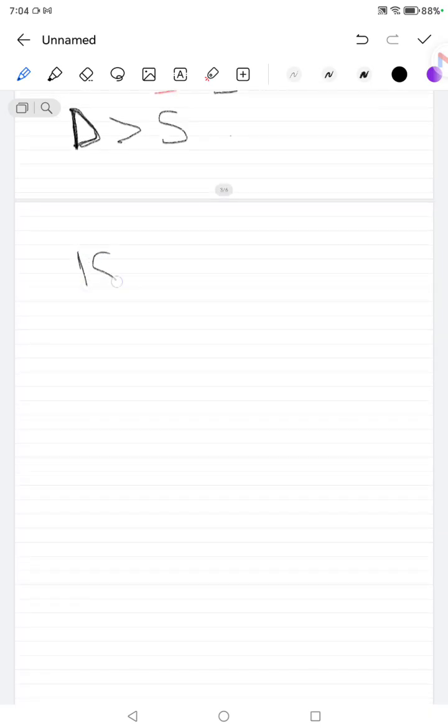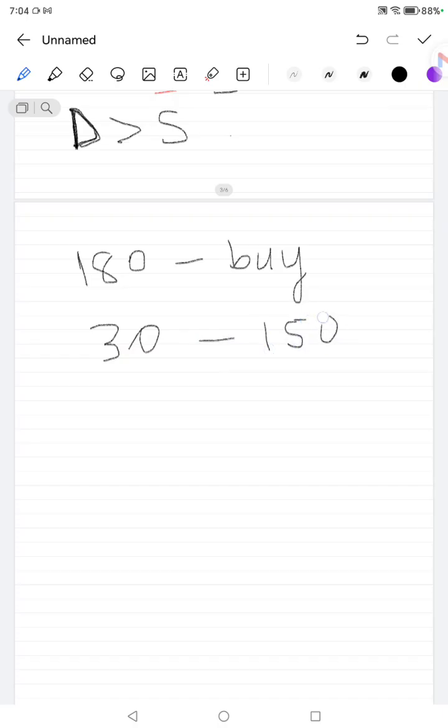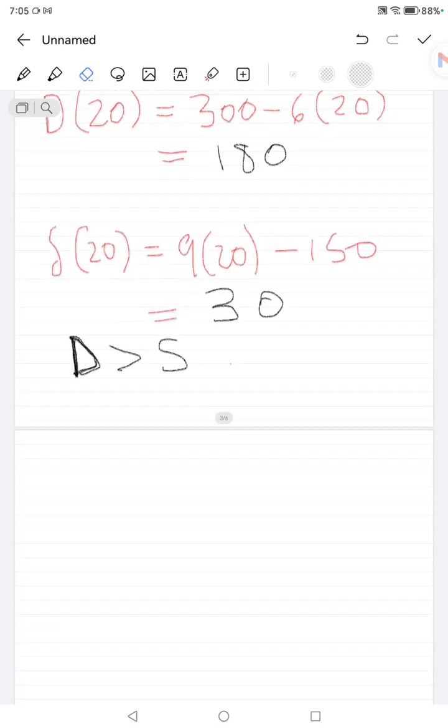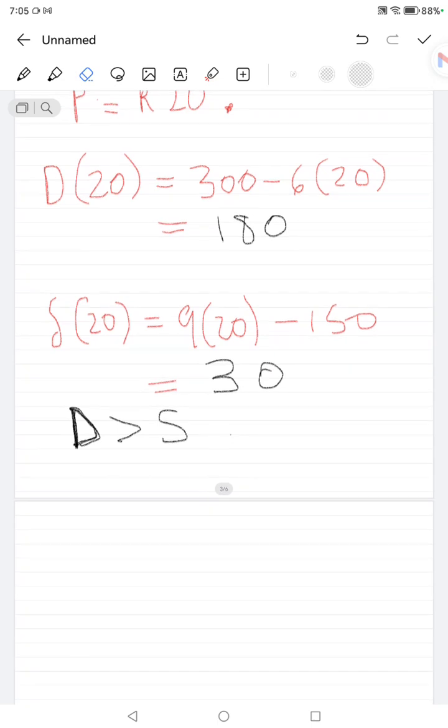We have people who are willing to buy 180 products, but the manufacturer is only able to make 30. You see? So if they were able to make those 150 more, they would be making more profit. So that one, you can leave it in this form, that your demand is greater than your supply.